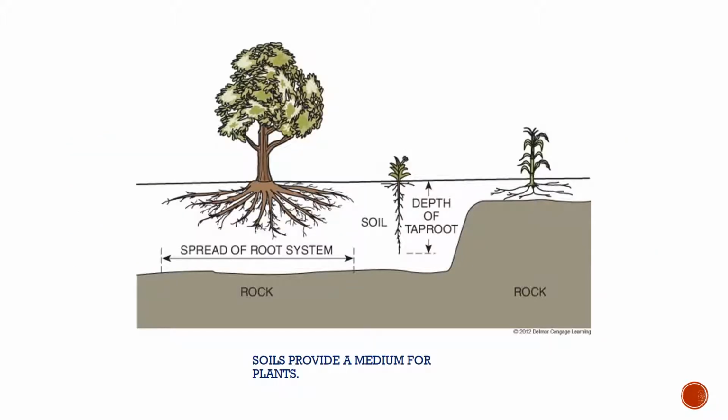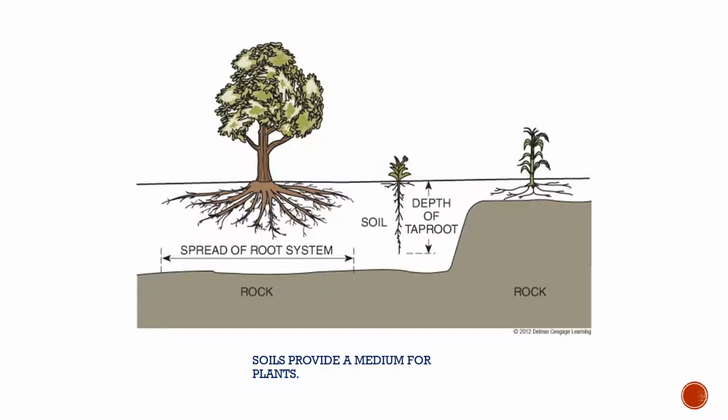This is just an example of what our soil can provide us. Here you have 3 different types of plants: a tree, another plant in the middle, and a corn plant on the right-hand side. If you look down there, I want you to see that rock.